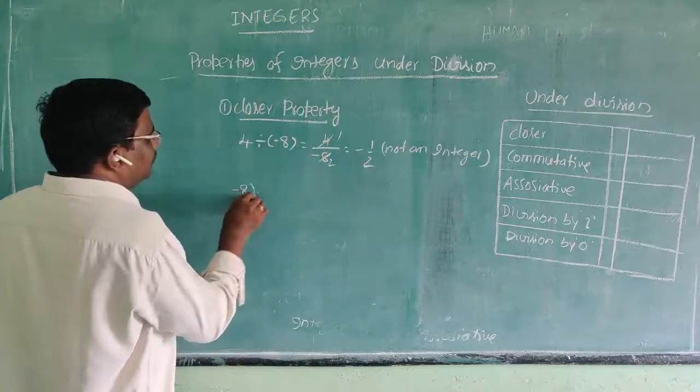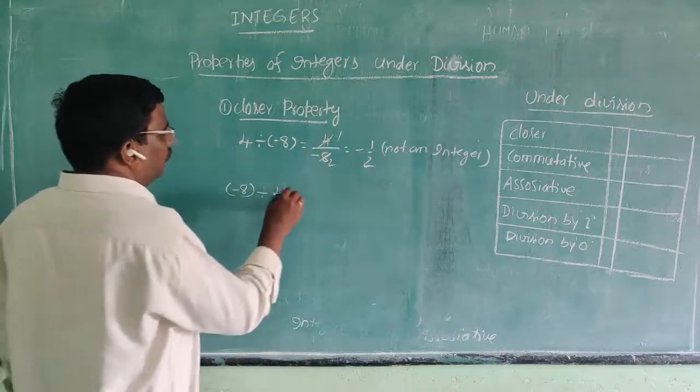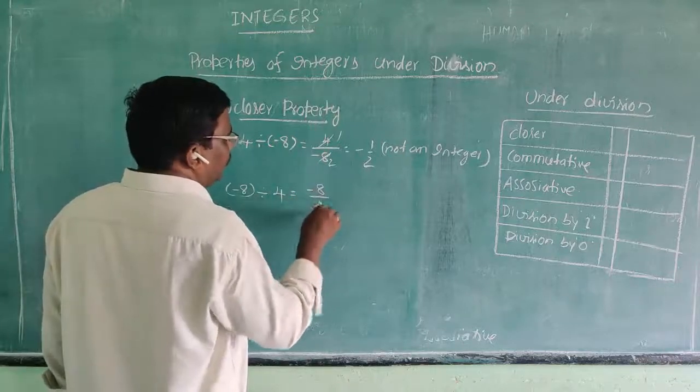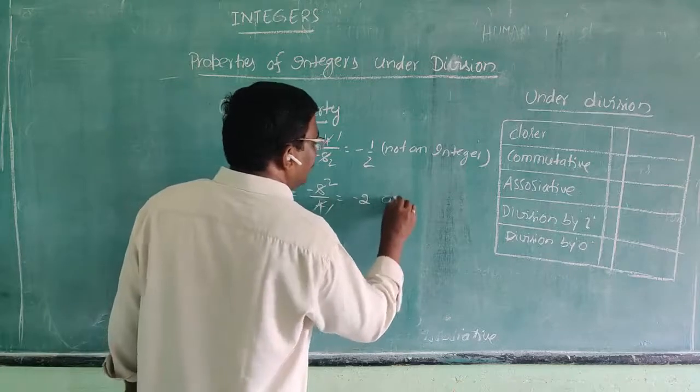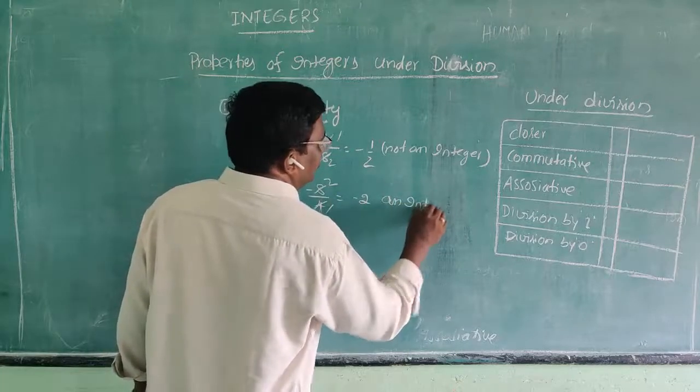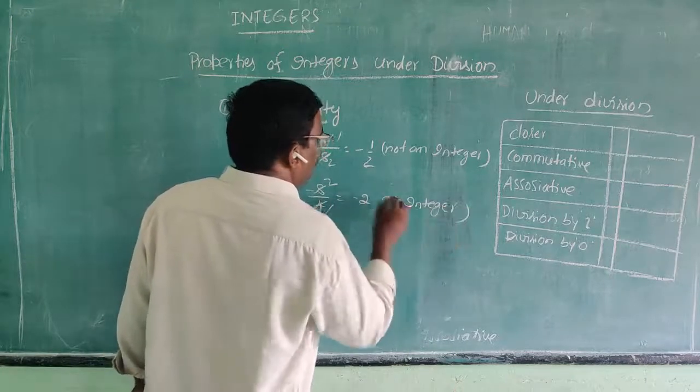Next, minus 8 divided by 4 equals minus 8 by 4, which is minus 2, an integer.